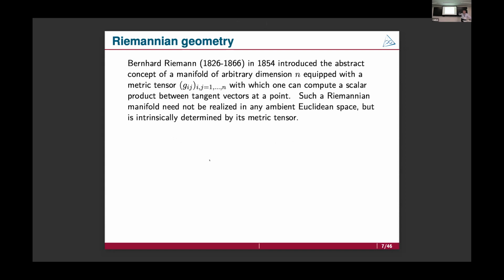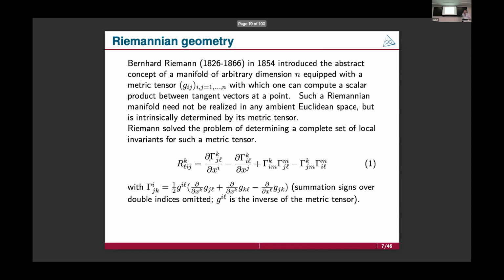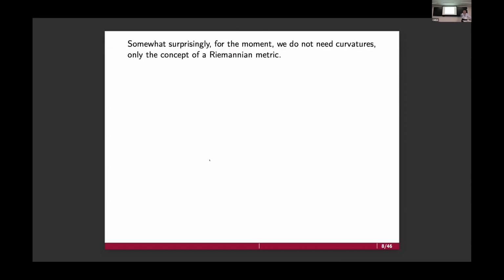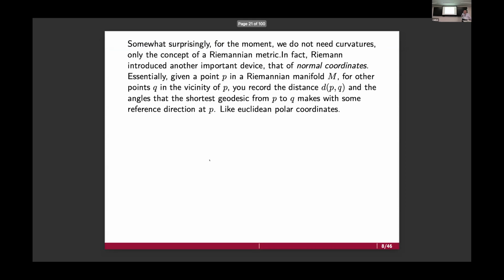And so we don't need to assume, in fact, that our data are sitting in some Euclidean space. That is just a typical case that you have when you deal with data. And the important concept there was a curvature tensor, which is computed from second derivatives of the metric. But somewhat surprisingly, in the beginning, we will not really need the curvature tensor. But of course, as a geometer, I will try to bring it in at the end again.